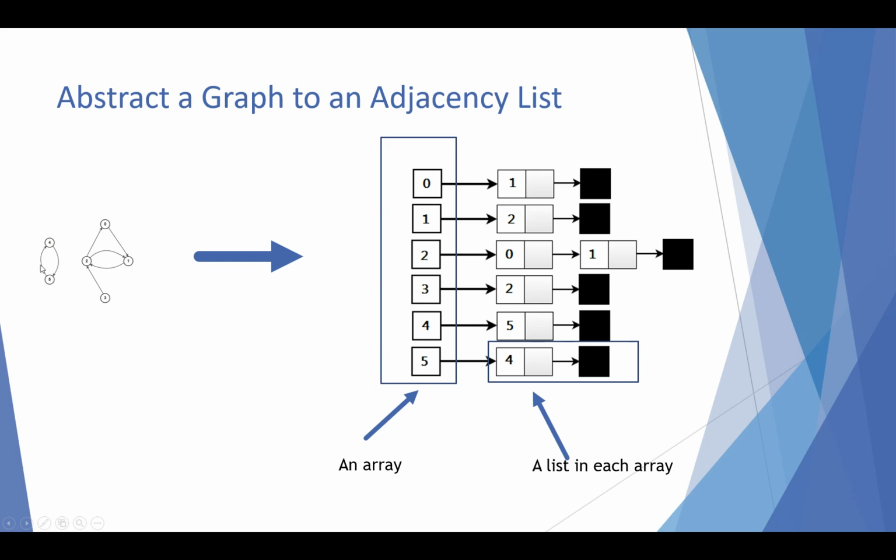And 2 pointing to 1 and 0 represents that node 2 has an edge pointing to 0 and an edge pointing to 1. So the arrows here are the same as the edges of the diagram. So this is an adjacency list.